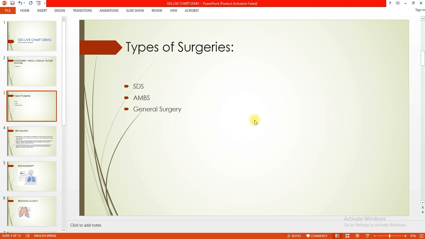So what is SDS, guys? Anyone got it now or not? Outpatient and same-day surgery. Yeah, same day surgery. Hospitals outpatient surgery department. Just remember like this: hospitals outpatient surgery department. Okay. AMS means, what is AMS?